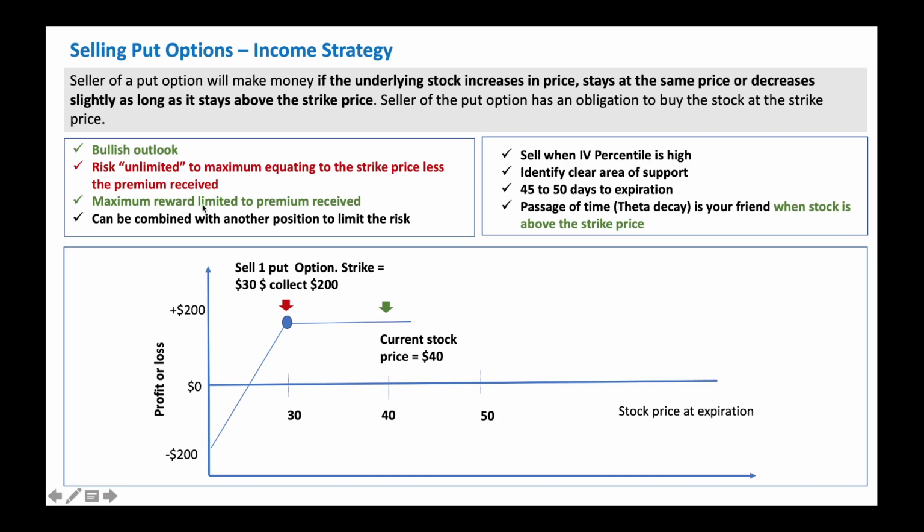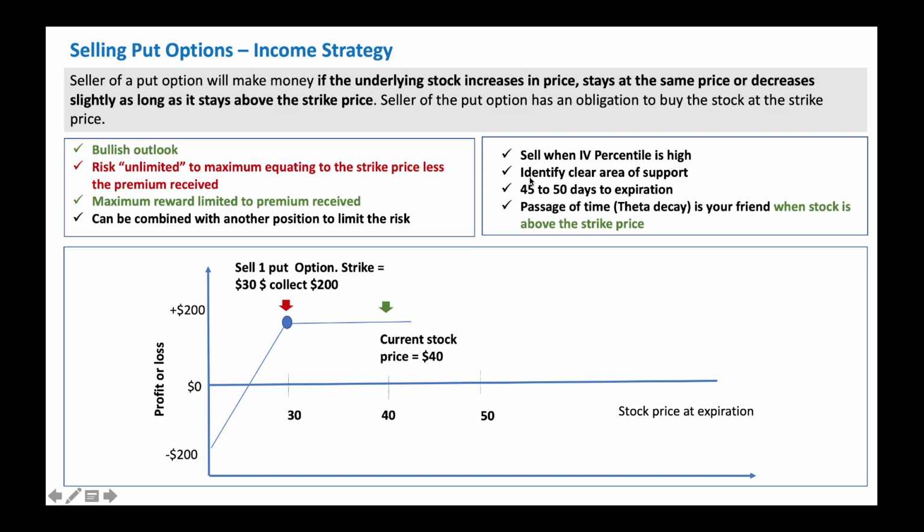You will not make more, but if the price goes higher by the expiration date, then you can keep the premium that you received. And it can be combined with other strategies to reduce the risk, for example a put spread. Typically you want to sell put options when the IV percentile is high, so that's when you make more money.